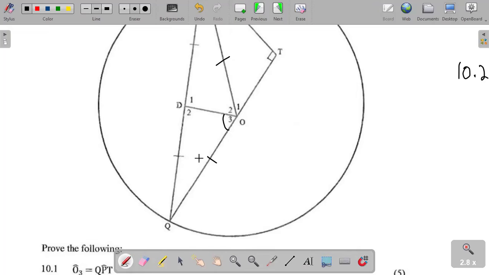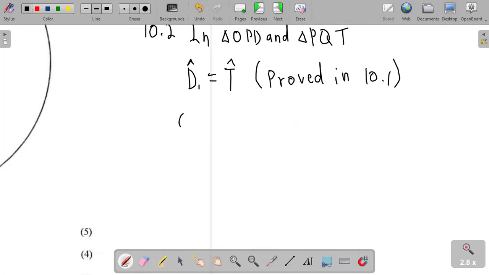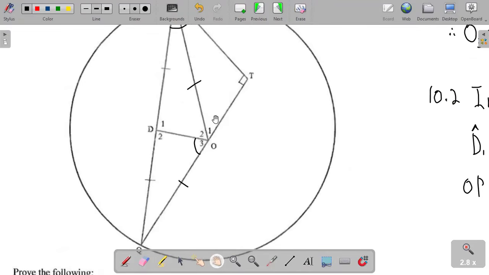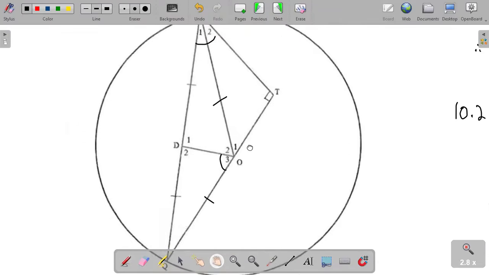So the second statement here, we're going to say OP equals OQ, radius in each case. OQ is here and OP is there, okay?